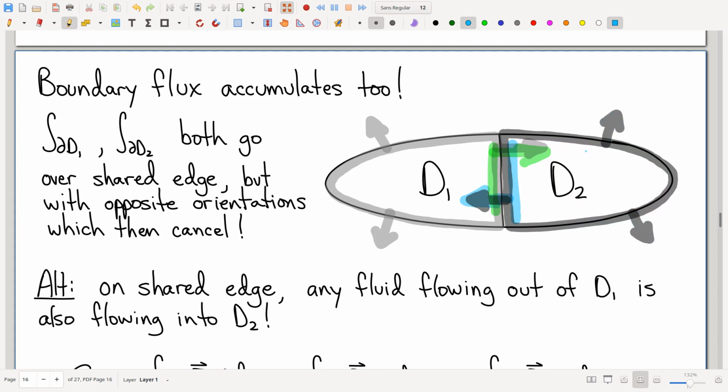But here's the thing. What we have here is a single curve. This single curve right here, and we're computing fluxes through that single curve twice with opposite orientations, and they cancel. Shockingly similar to the argument that we made for Green's theorem.